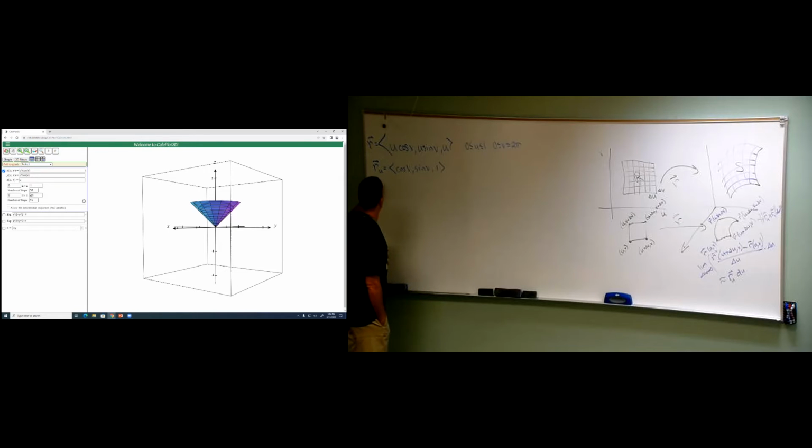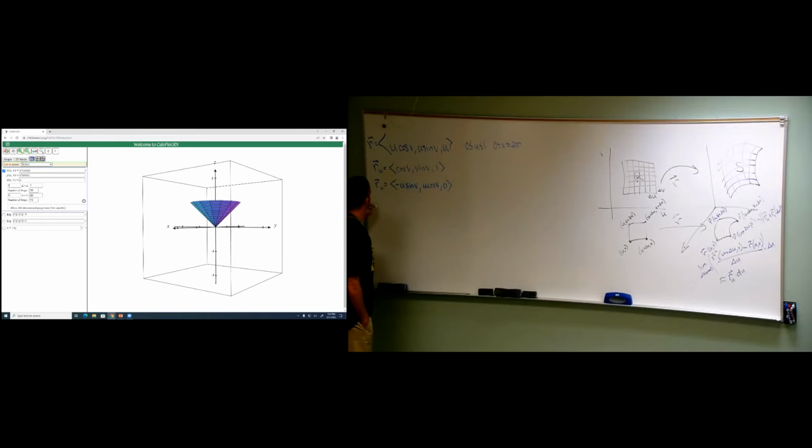Now, if we do it with respect to V, oops, sorry, I was doing it off the R sub U. Got to do it off the original. All right. Constant, now we're taking the derivative of cosine, which is negative sine. So negative U sine V, U cosine V, 0. All right. All I'm doing is partials. You guys have had a lot of practice at that at this point.